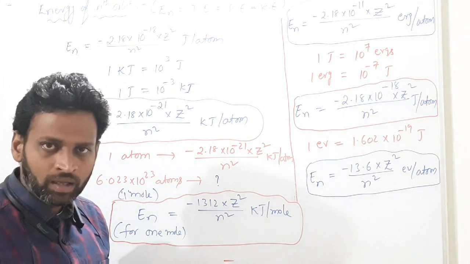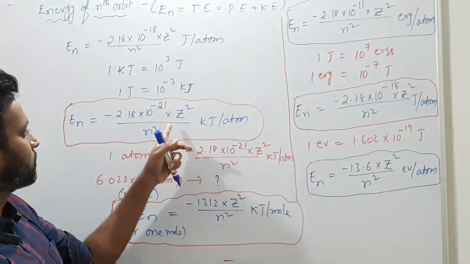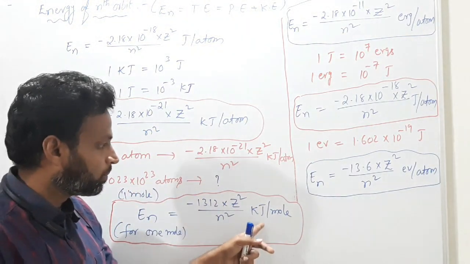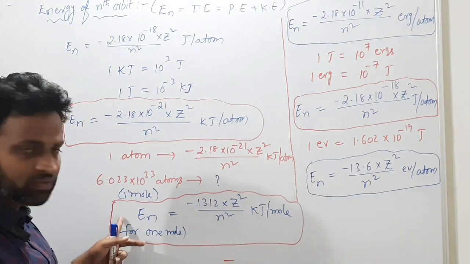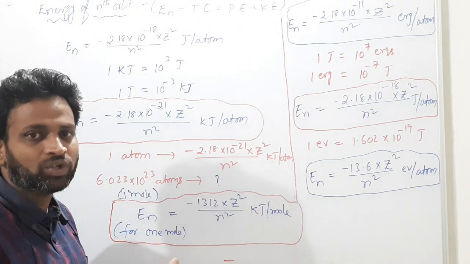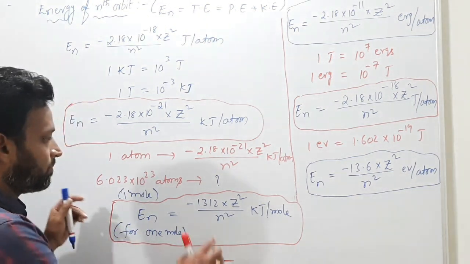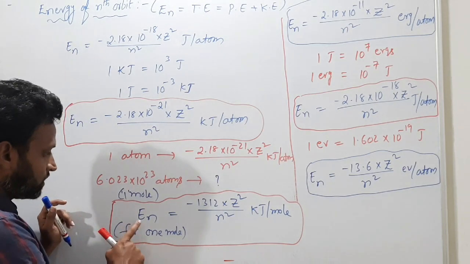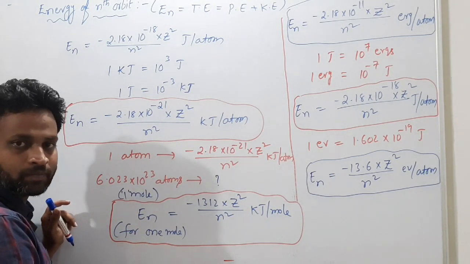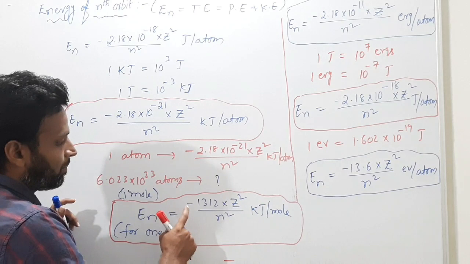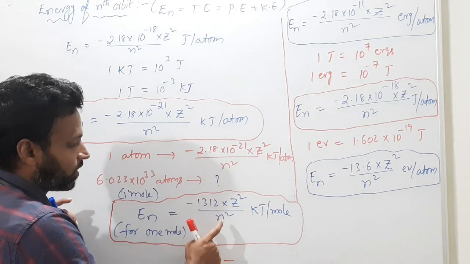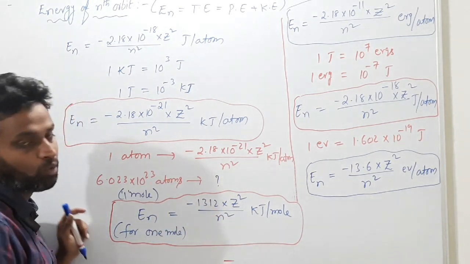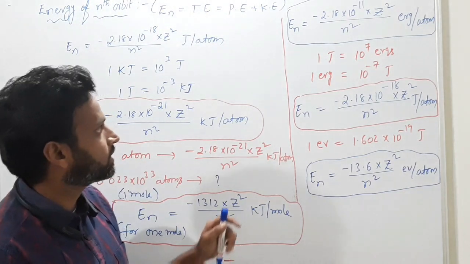Kilojoule per atom means that formula, kilojoule per mole means this formula. Otherwise you will get confused, so that's why I am giving all these formulas. Energy of nth orbit per mole in kilojoules: minus 1312 into Z square by n square, that is kilojoule per mole. Got it, sir?